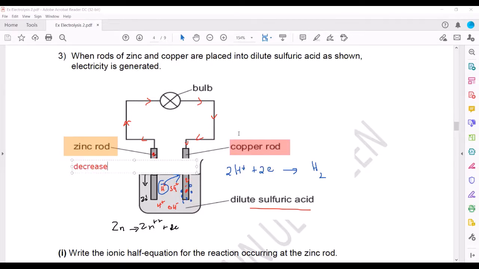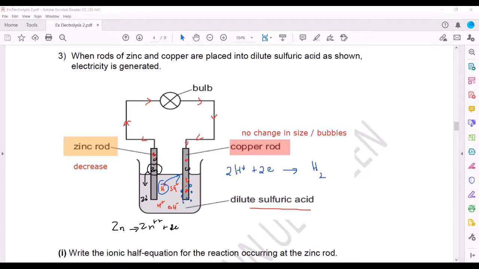But in the case of the copper electrode, there will be no change. Why is there no change in size? Because the metal is not extracted. In this example there is no change in size, but we'll only observe bubbles.